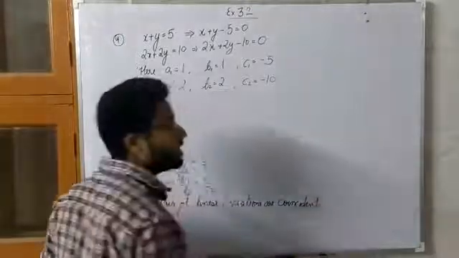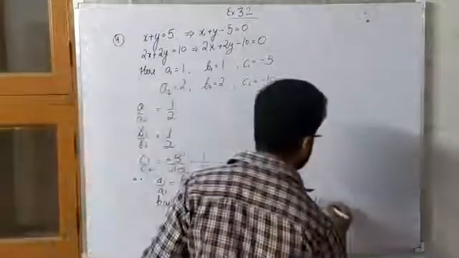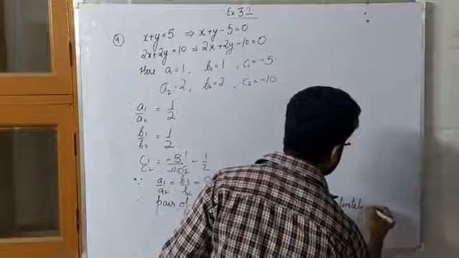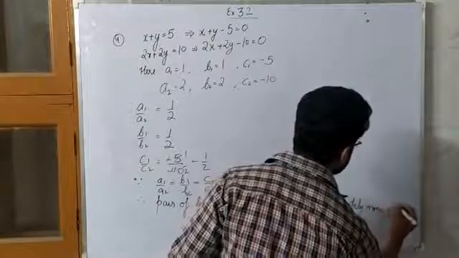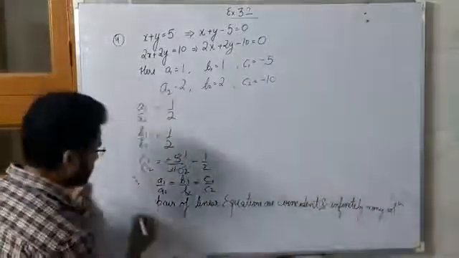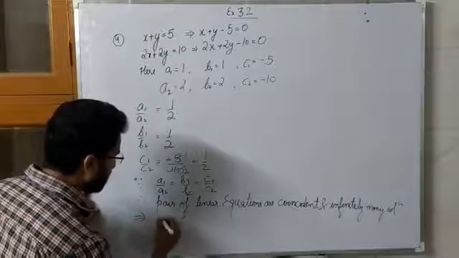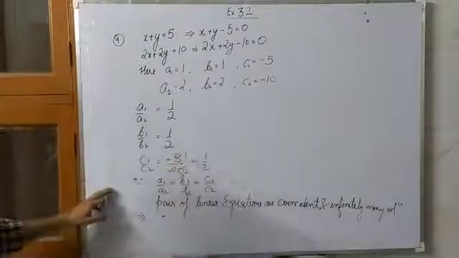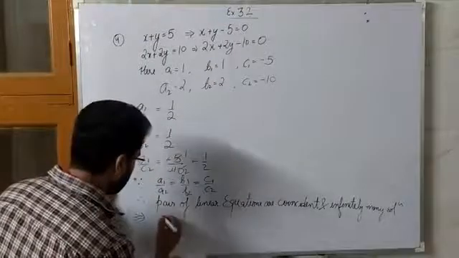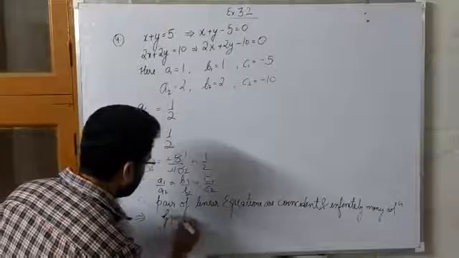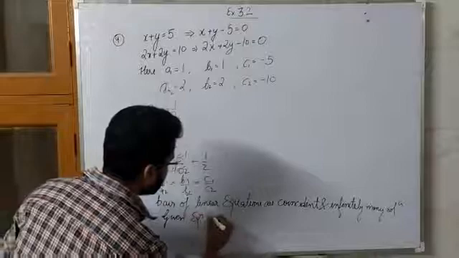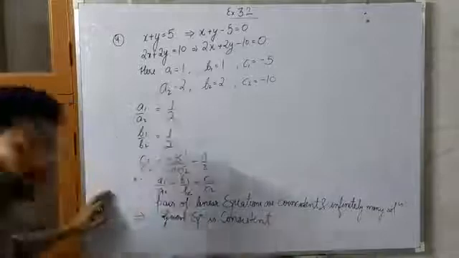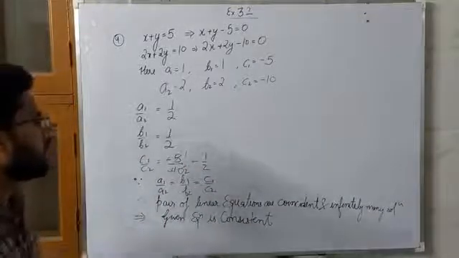If they are coincident, then they will have infinitely many solutions, and so this implies that the given equations are consistent, right? When it has infinitely many solutions, then also the given pair of linear equations are consistent.